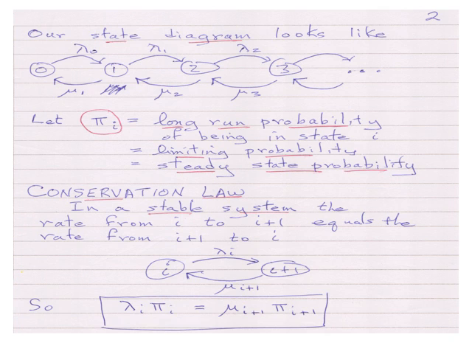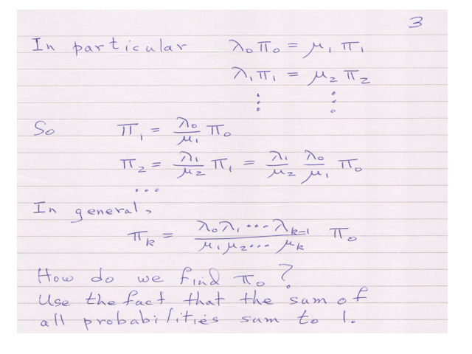This is true for all i equals 0, 1, 2, 3, etc. We're going to look at it in some of those special cases and see that we can actually solve for things. We now look at special cases of that conservation property. In particular, we have lambda 0 times pi 0 is equal to mu 1 times pi 1.